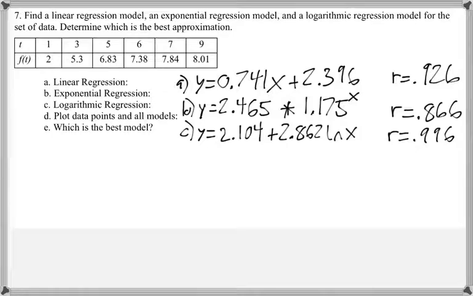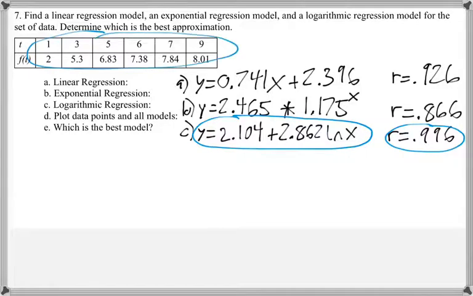Okay, so looking at the R values, the closer it is to 1 or -1, the better it is. So this has the best R value. So I'm anticipating that the logarithmic regression is the best model for this set of data. But I do want to graph it just to confirm that.